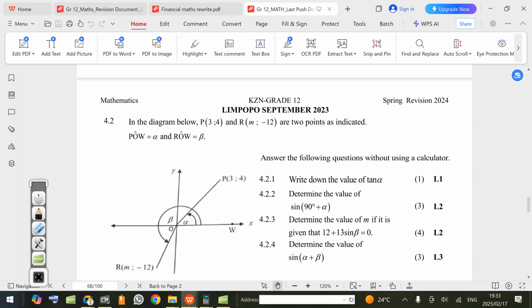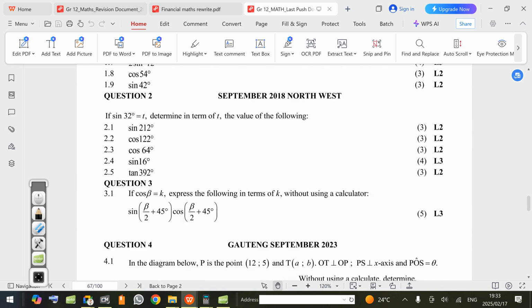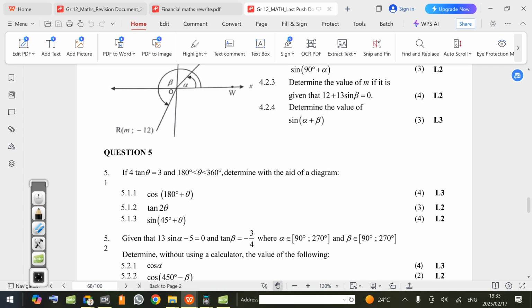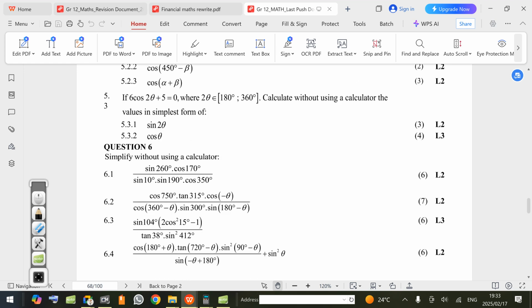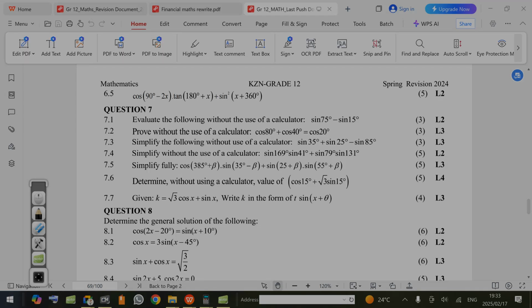Which document is it? Yeah, I think it's this one. All right, evaluate. Look at these questions. I want to see how many we can do.